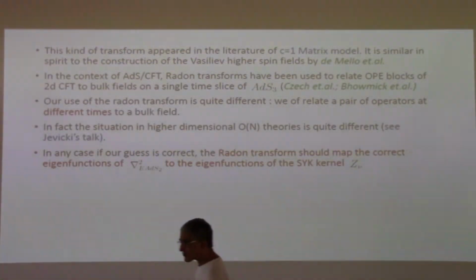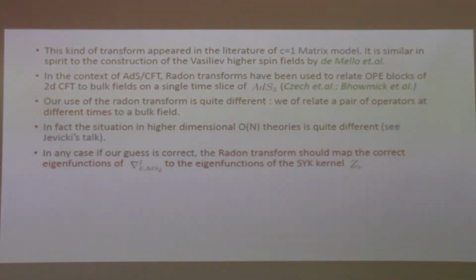I should tell you this kind of transform, of course, is known for ages, probably 100 years. In the physics literature, I think it first appeared in some discussions of the c=1 matrix model by Jevicki and Zubicki and many other people.